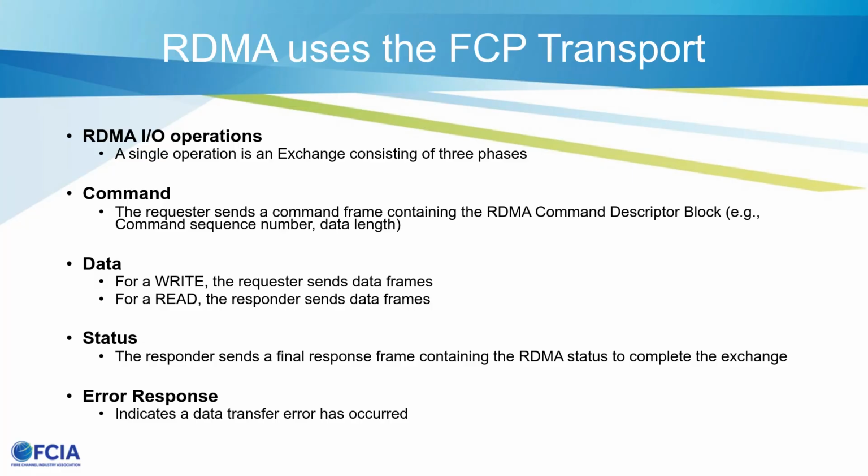The data space, the requester sends frames, the responder sends frames depending on whether it's a write or a read. And then we have a status operation that indicates when the operation is complete. Again, similar to NVMe, if there's any type of an error that occurs, we can utilize an error response to indicate that a data transfer error has occurred, and we can recover from that.